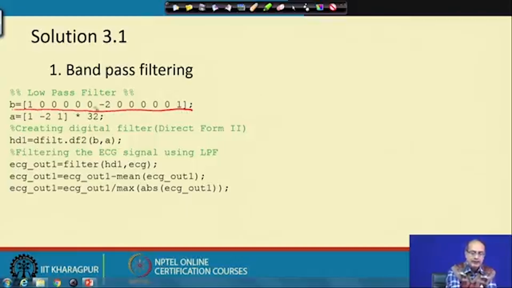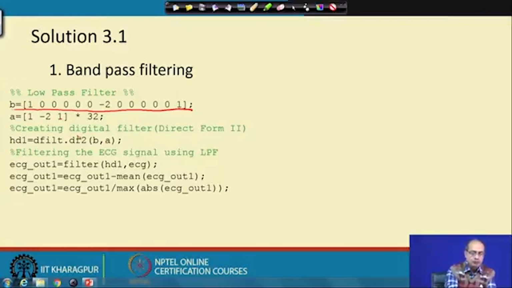So, here we have 13 coefficients, and in the denominator we have 3 coefficients. There is a term 1 by 32, a constant scaling. So, to take care of that, the numerator polynomial is multiplied with 32.